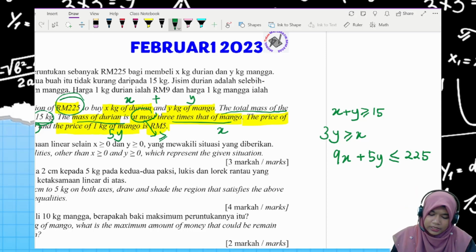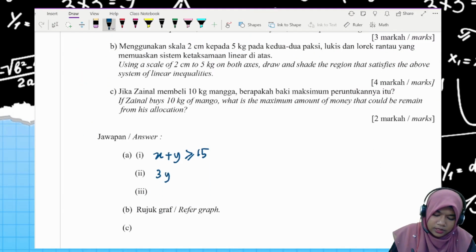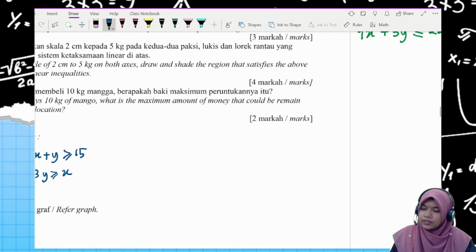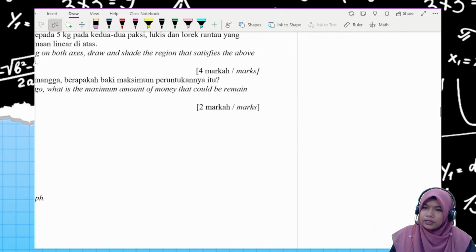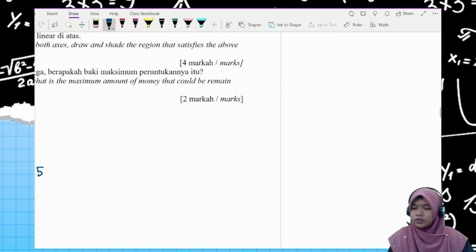So the second inequality is 3y greater than or equals to x, and the third inequality is 9x plus 5y less than or equals to 225.